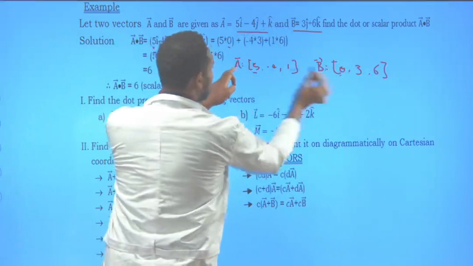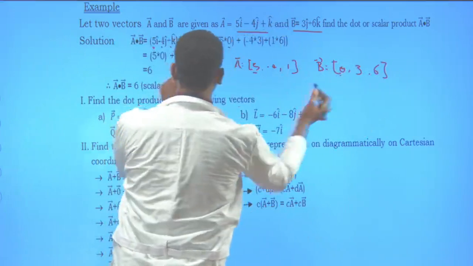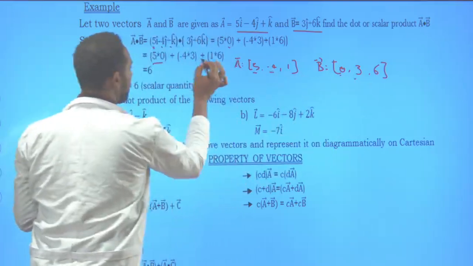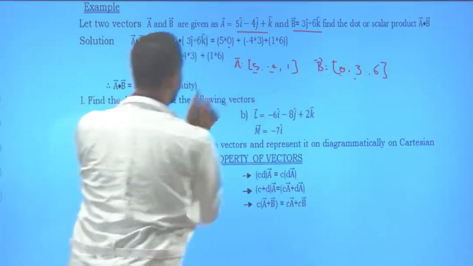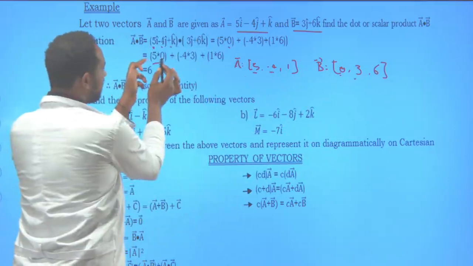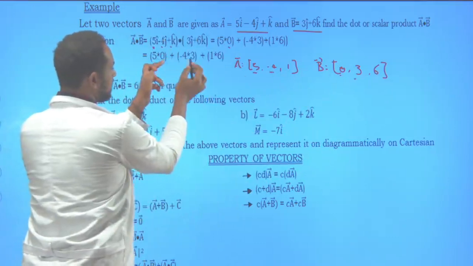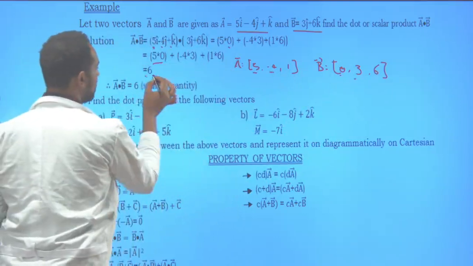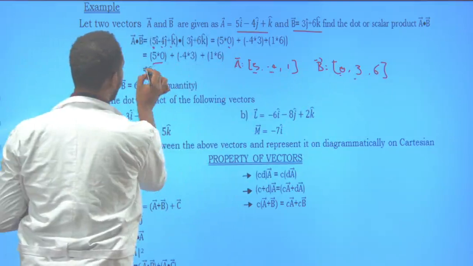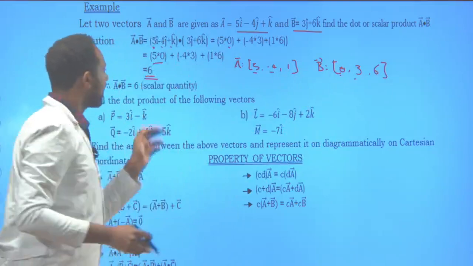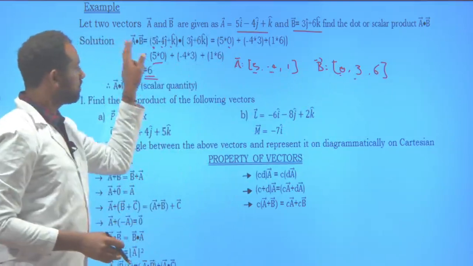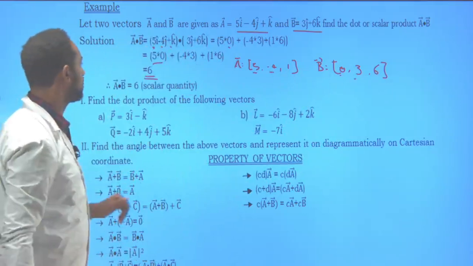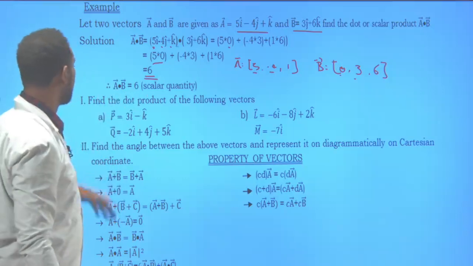Therefore, A dot B gives you 5 multiplied by 0, plus minus 4 multiplied by 3, plus 1 multiplied by 6. 5 multiplied by 0 gives you 0, plus minus 12, and plus 6. When you add these, it gives you minus 6. So A dot B can be determined by just multiplying the coefficients of the respective components.